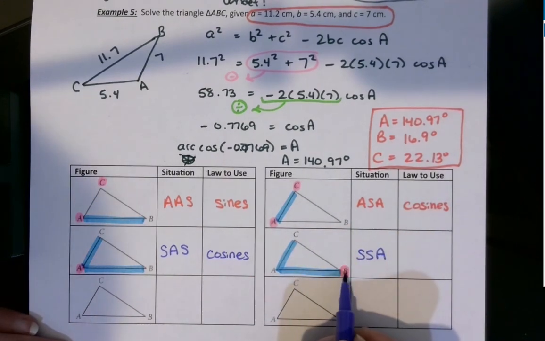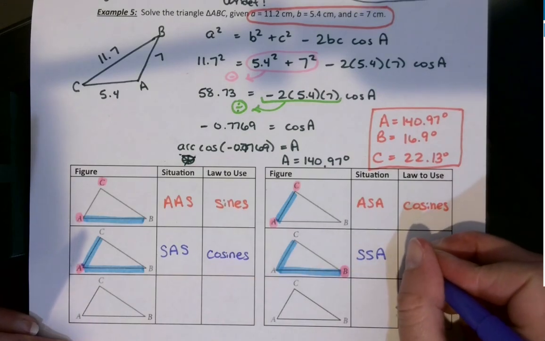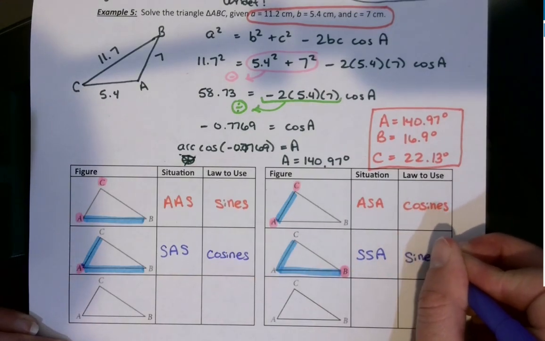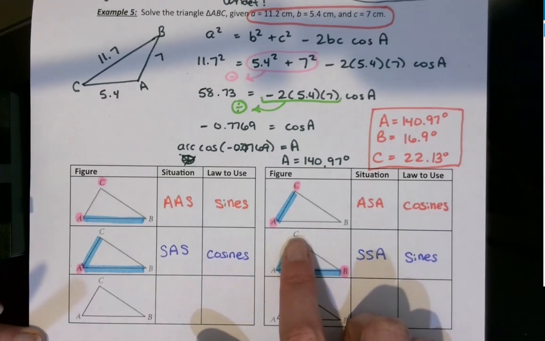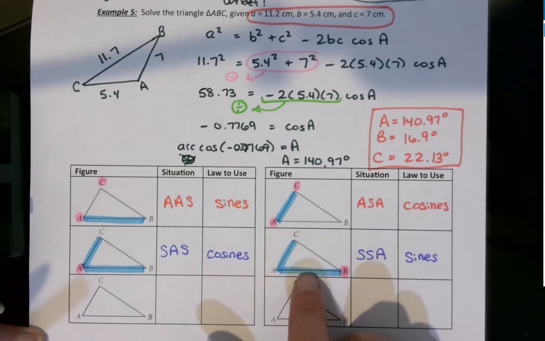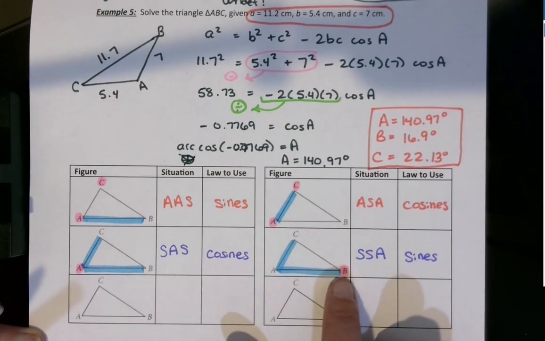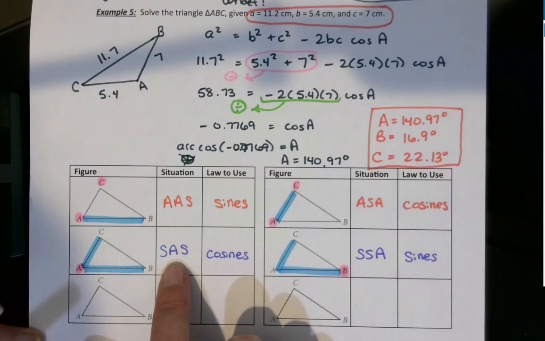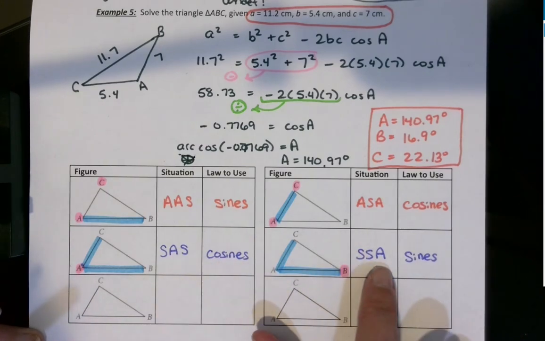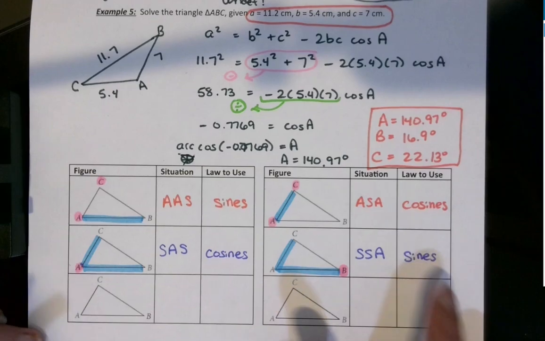In this case, the angle is opposite of a side, so that's going to be the case where I can use law of sines. And again, that would also work if I knew this side instead, this angle instead. That'd be across from this one. So anytime I know 2 sides and 1 angle, if the angle's between them, it's law of cosines. If the angle is not between them, it's law of sines.